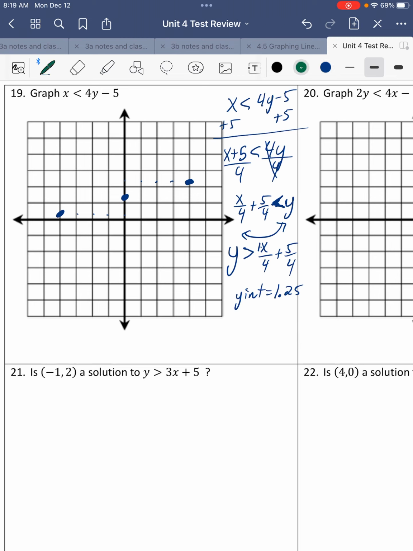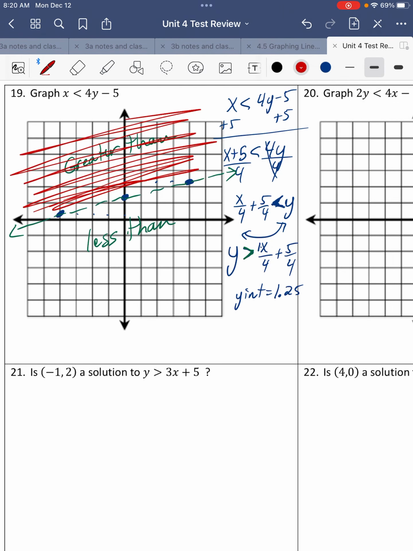And then our graph is dashed, not equal to, and greater than side is always above, less than is always below. So graphing this, we're going to be greater than. So that's where I'm going to shade.